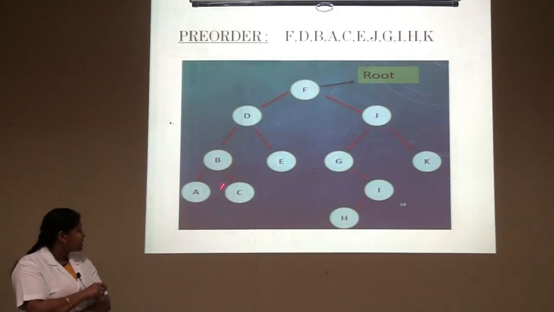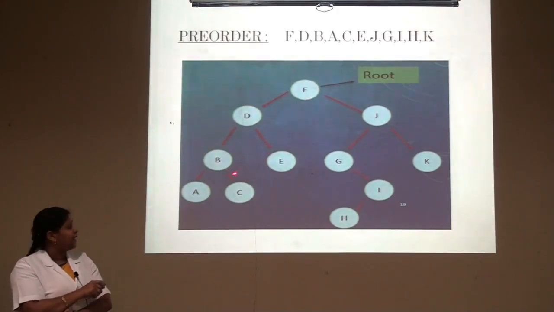After this bottom level of the left subtree B, we follow the same procedure: visiting the root node, then the left child and right child. So in this case, after visiting A, we go back and check whether there is any right child of the root node B. Yes, it is there, so we visit node C also.